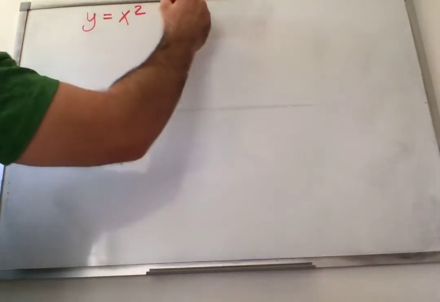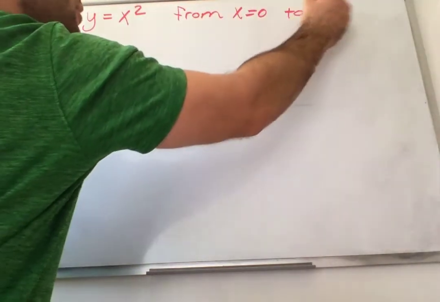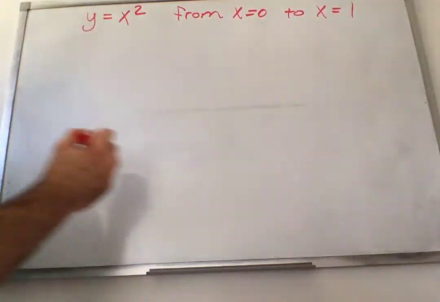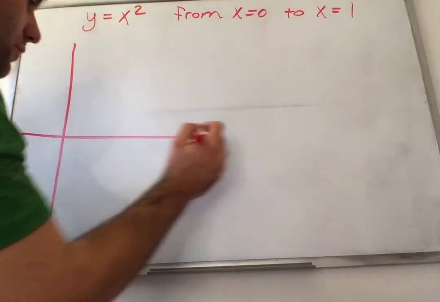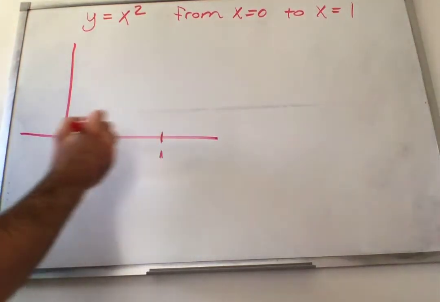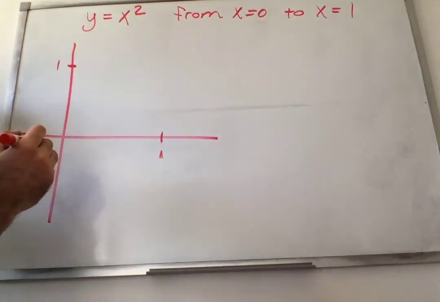So what we're going to do is look at the graph y equals x squared from x equals 0 to x equals 1. That'd be 1 right there.